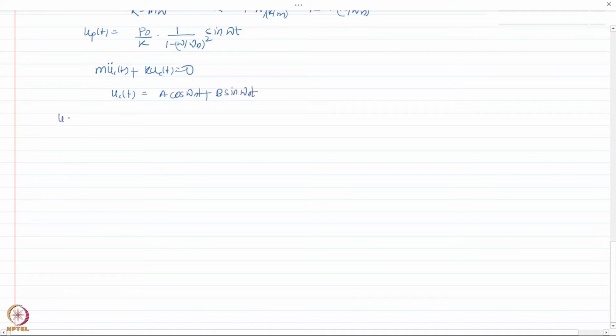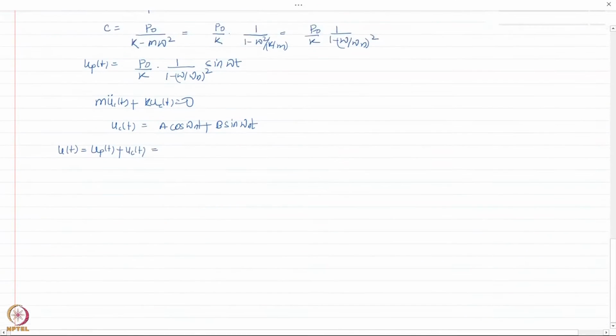So I can write the total solution as the particular solution plus the complementary solution, and this can be written as the particular solution and then a cos omega n t plus b sine omega n t.